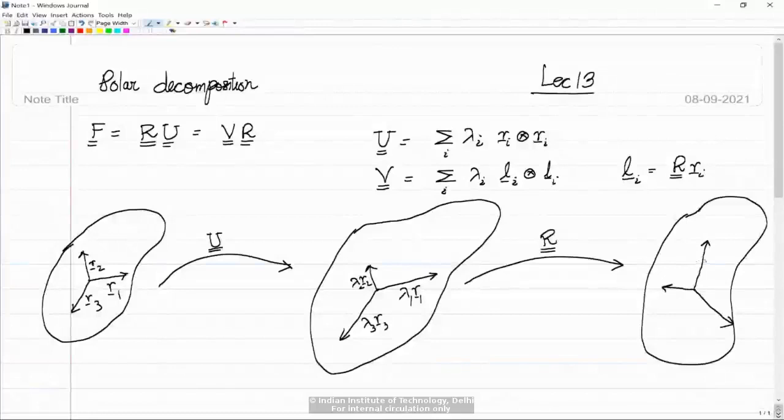Okay, so this is lambda 1 big R into little r1, and this is lambda 2 big R little r2, whereas this one is lambda 3 big R little r3.